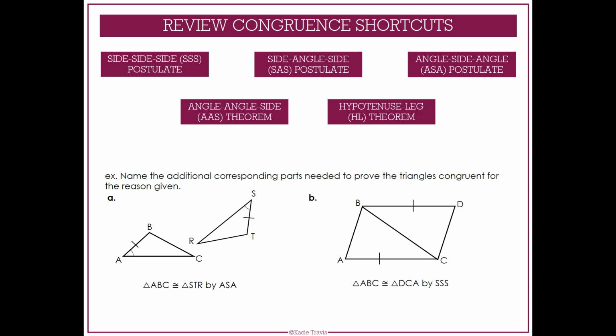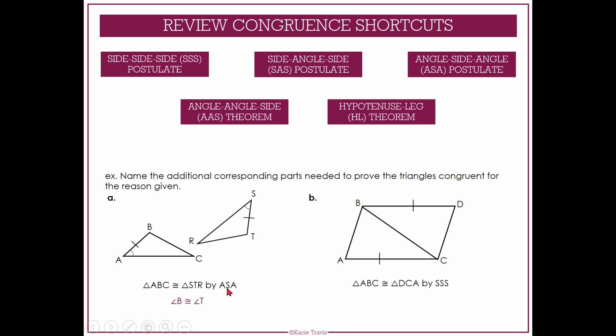First triangle we got are ABC and STR by ASA. Now, the reason that you have to go through and say that these are going to be congruent, we're looking at their corresponding parts. I already know that because of these names, B and T have to be congruent to each other. Okay.